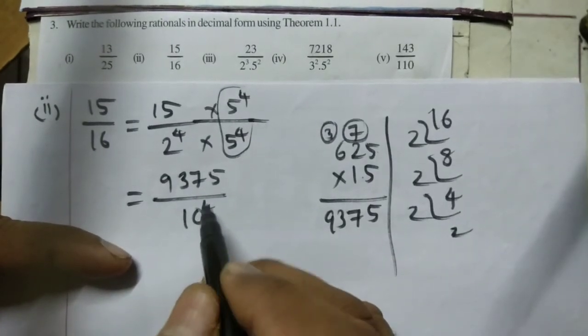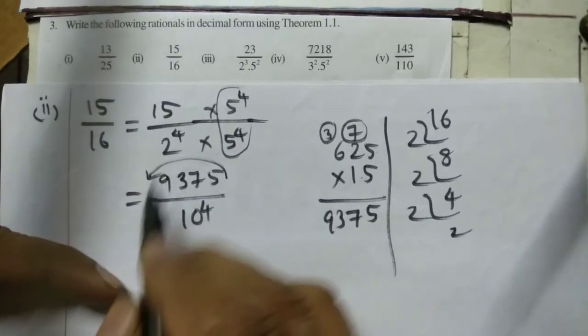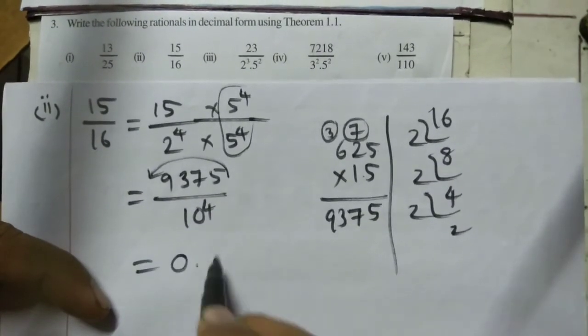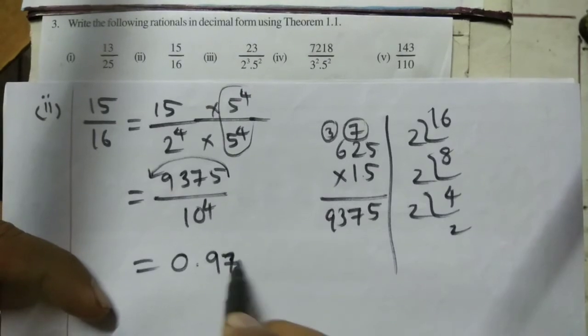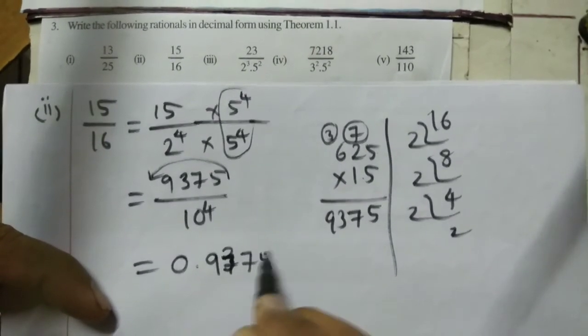We have to keep 4 decimal places, so 0.9375.